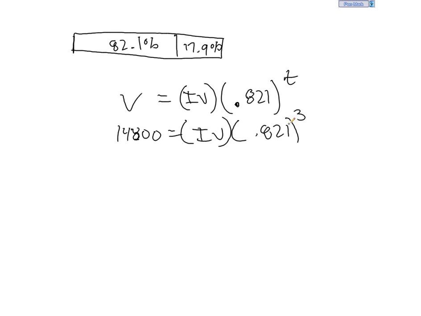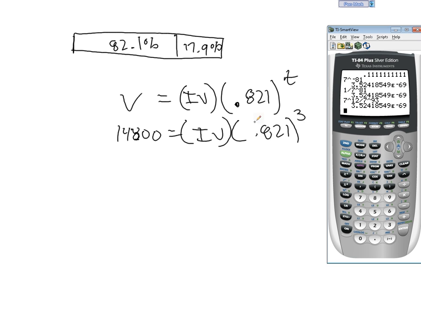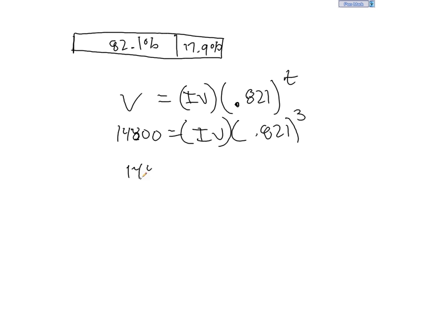Well, all I really have to do is solve this equation here. And in order to do that, the first thing I should probably do is evaluate 0.821 raised to the 3rd power, which gives me 14,800 equals 0.553, and I'll round it to 4 decimal places, 0.5534 times the initial value.